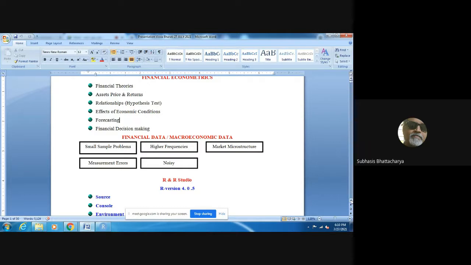In macroeconomics, a large number of data points is required, and there are small sample problems. Data are required on the government budget deficit, for example, or on population figures, which are measured on an annual basis.